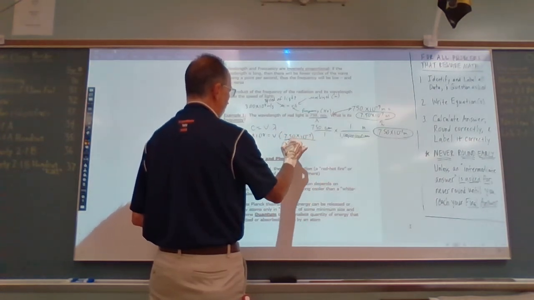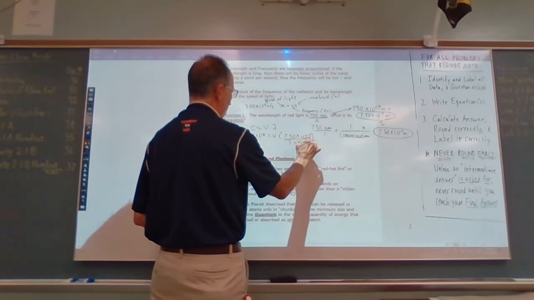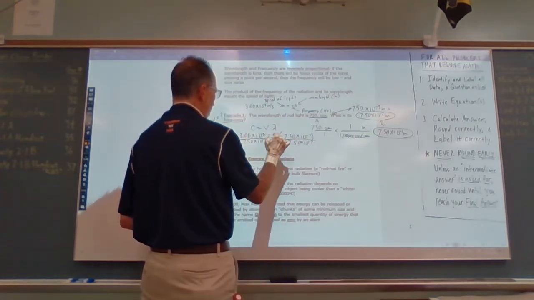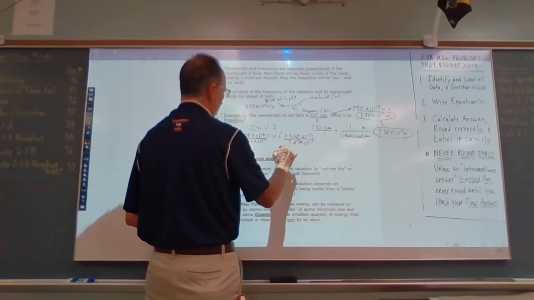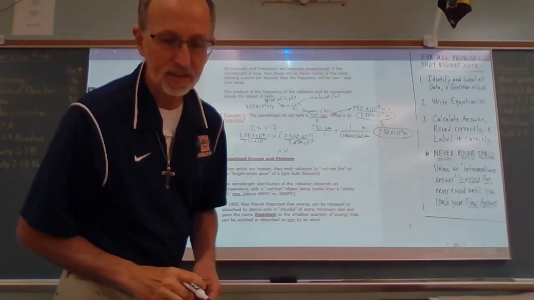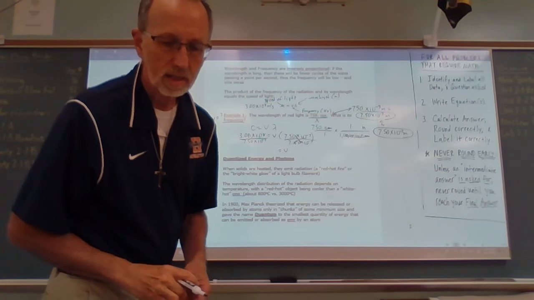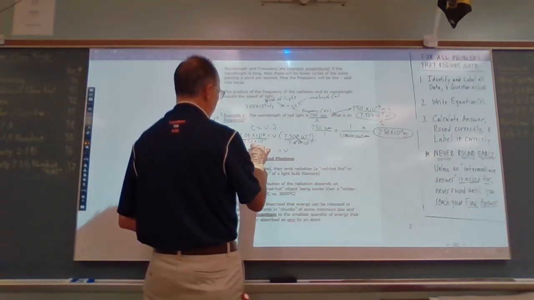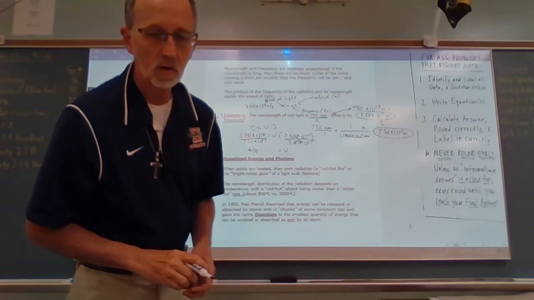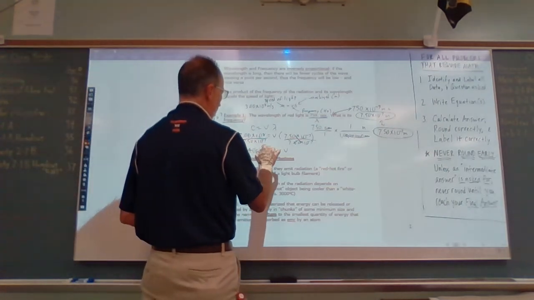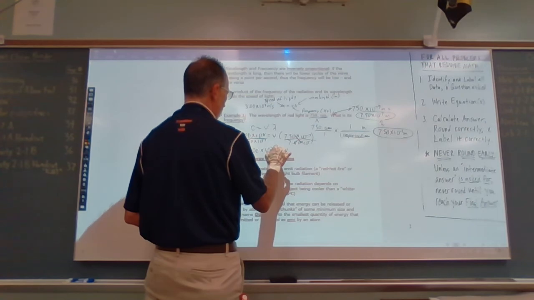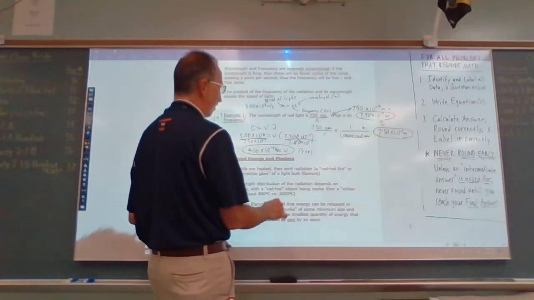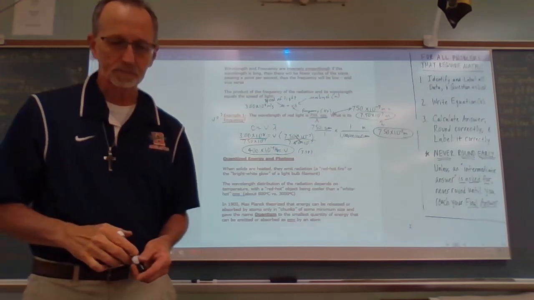Of course, we're going to divide out the wavelength to solve for B. And to 3 sig figs, it comes out to be 4.00 times 10 to the 14th hertz. 3 sig figs.